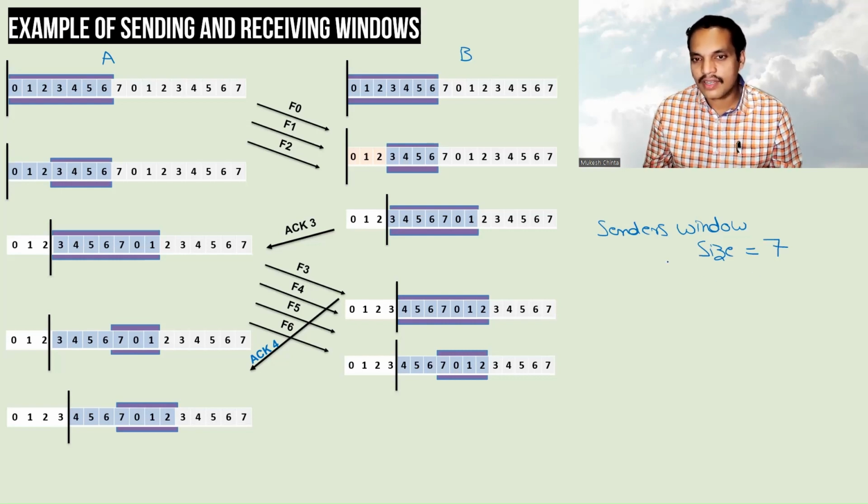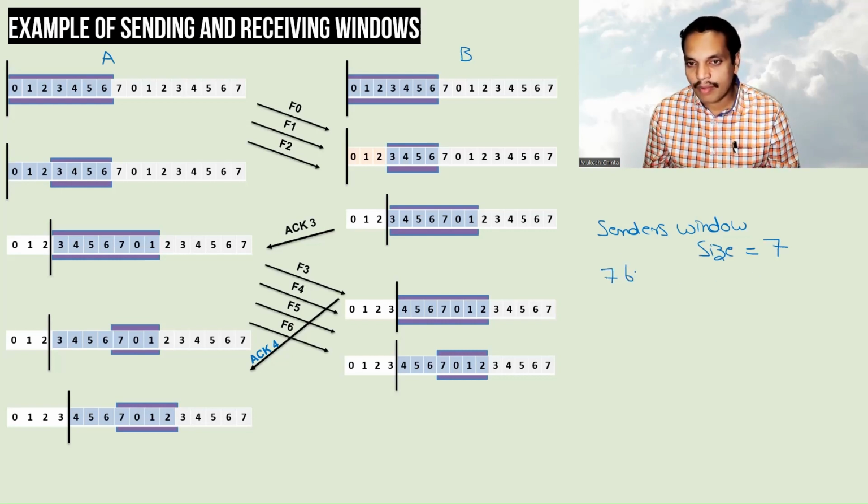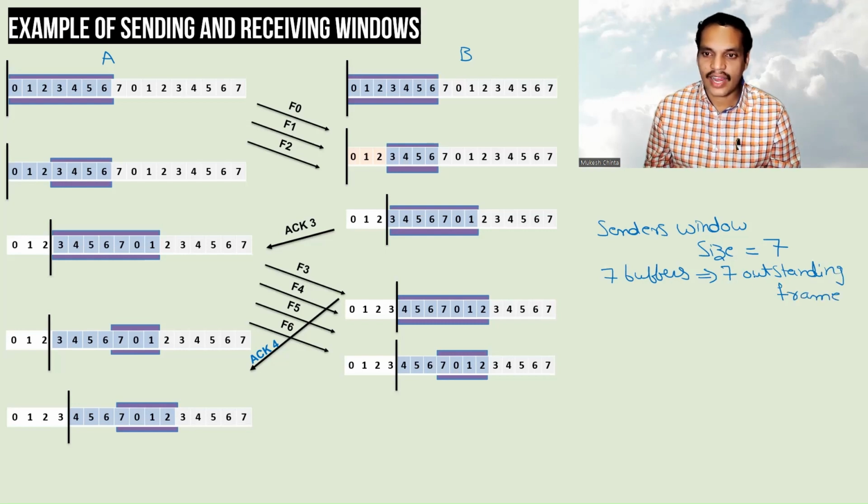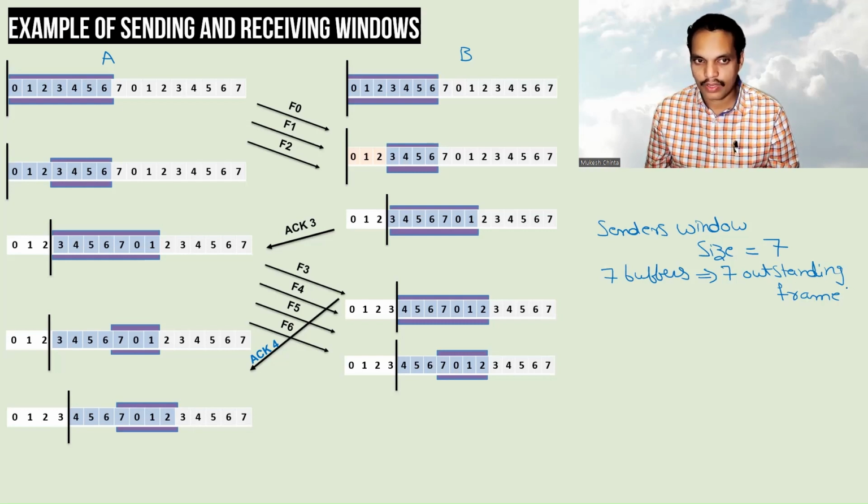What this means is the sender has 7 buffers, and at any given point of time, it can have 7 outstanding frames. If you ask what I mean by an outstanding frame, it means it is either to be sent out or to be acknowledged. That is what we call an outstanding frame.